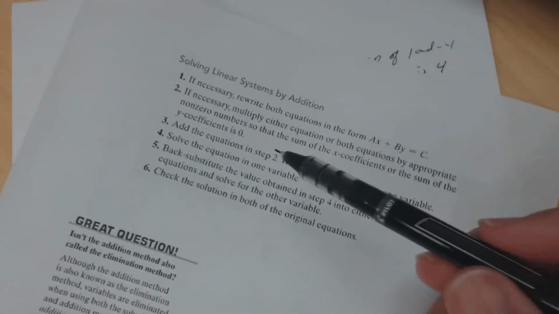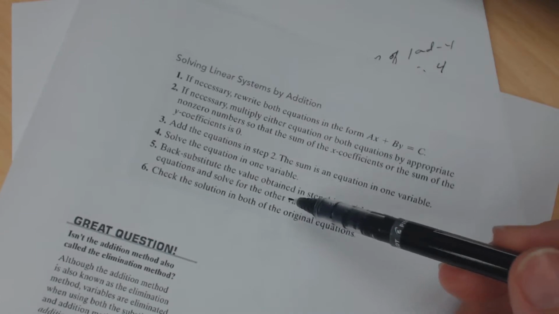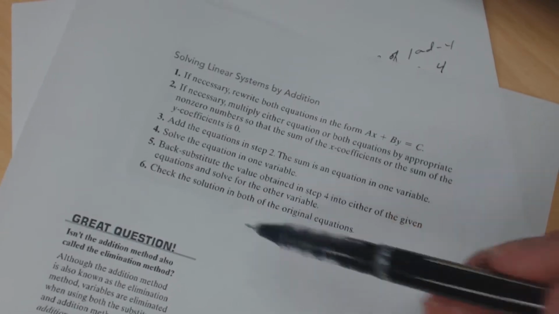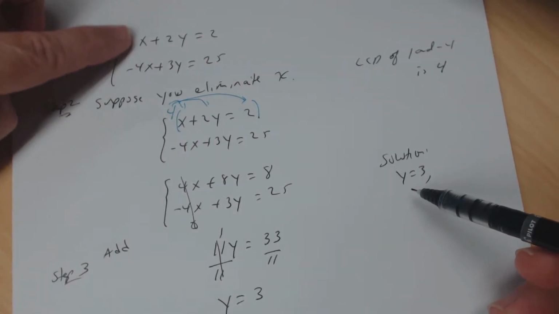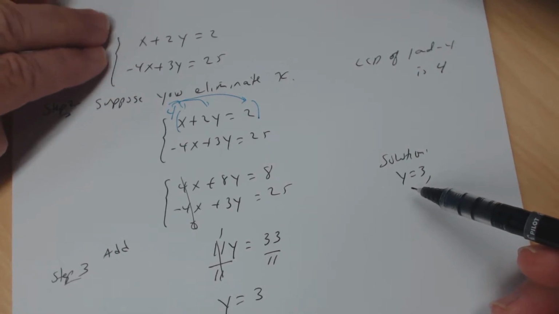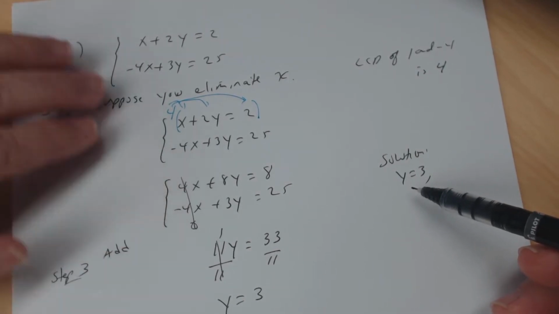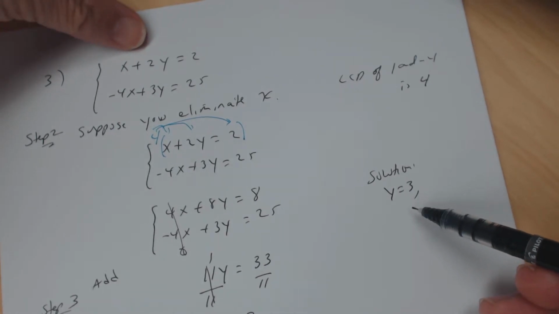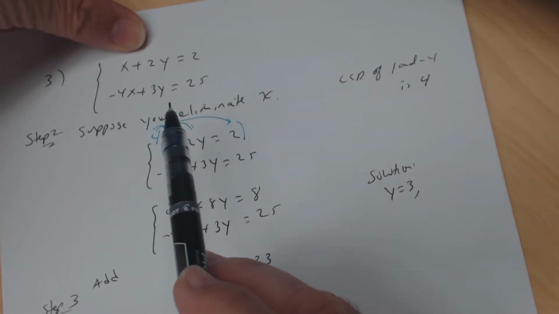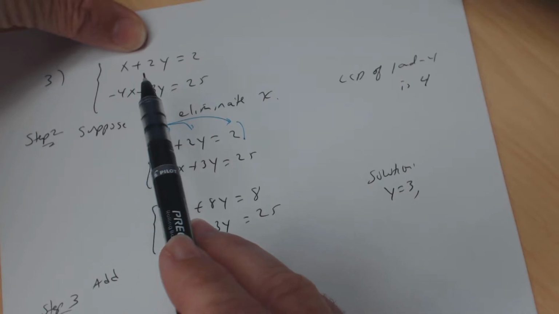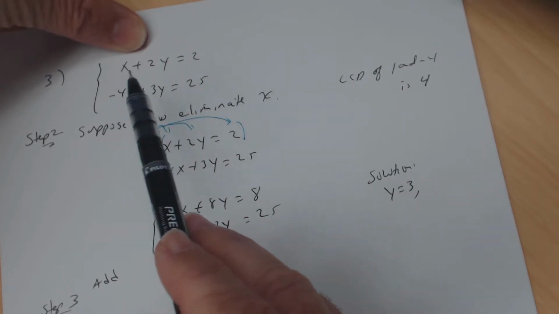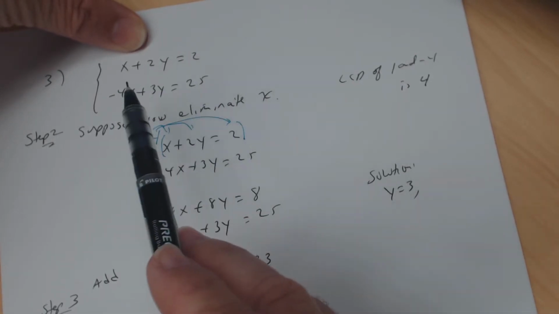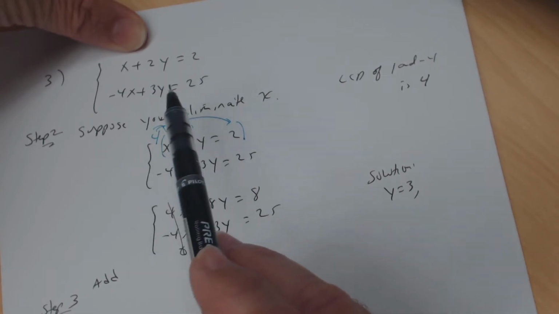Step 4 is to find the value of x. Remember, that's why you back substitute. You go back to one of the original equations. Go back to your original system, not any of the new ones, because you could have messed up. In place of y, you plug in 3. Again, choose one that looks simpler to use. Hopefully you recognize that this one looks less complicated than that one.